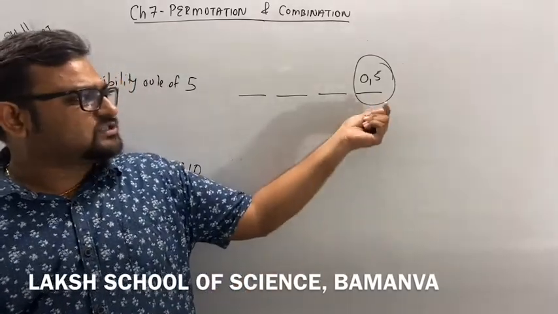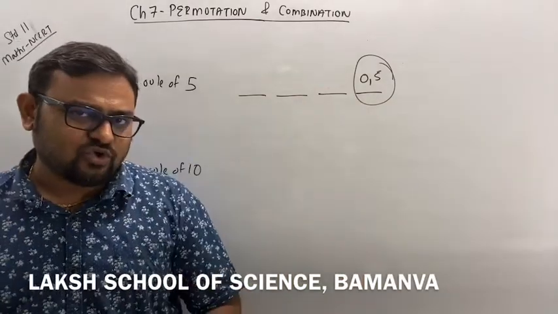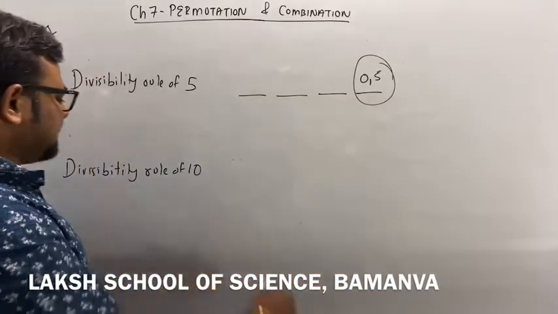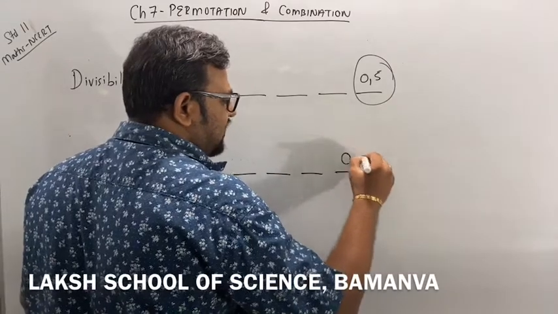So at units place, there are only two options, either 0 or 5. If it is divisibility rule of 10, then there is only one option.